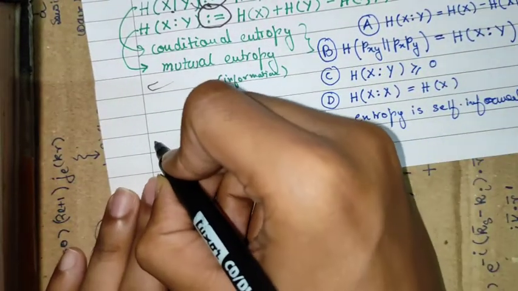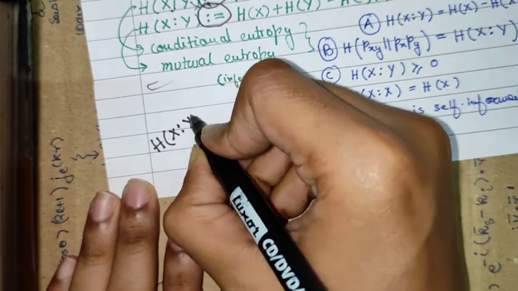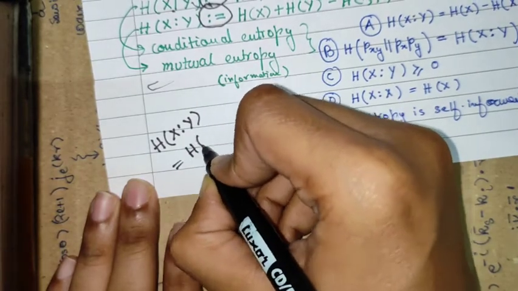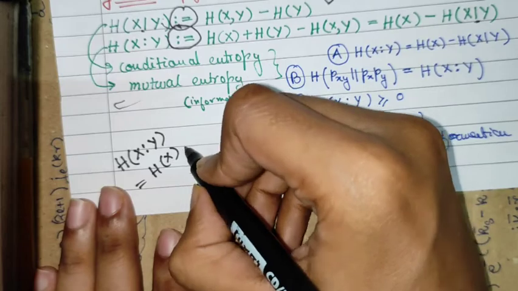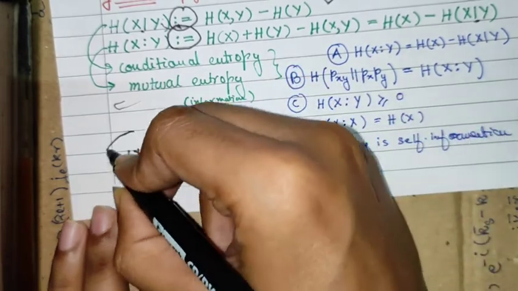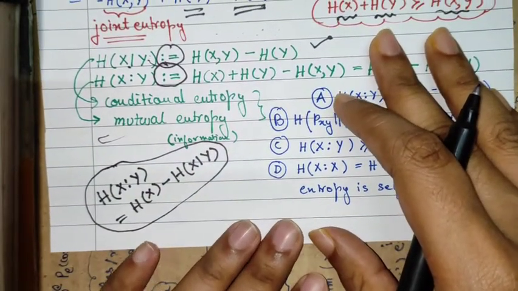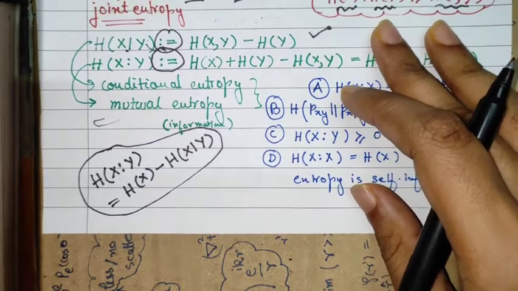So I(x;y) is equal to H(x) minus H(x|y). So this is the relation between mutual and conditional entropy.